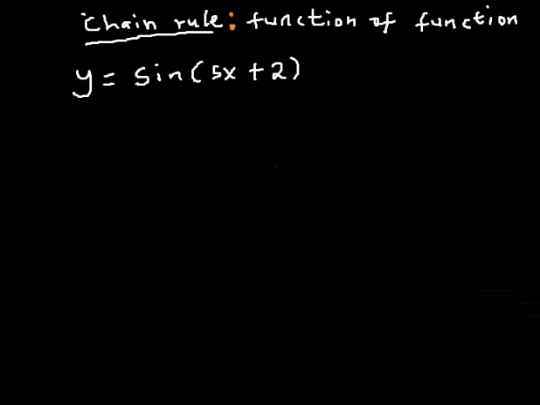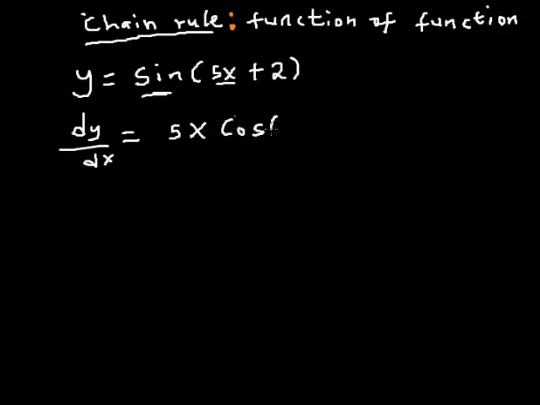All right, now let's say you have this particular function of a function, and you are asked to find the derivative. Simply, dy/dx is going to be equal to the derivative of the inner function, which of course is 5, times the derivative of the entire function, which is the derivative of sine, and that gives me cos of 5x plus 2.